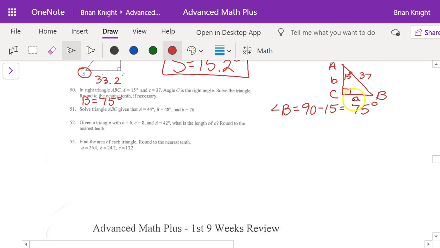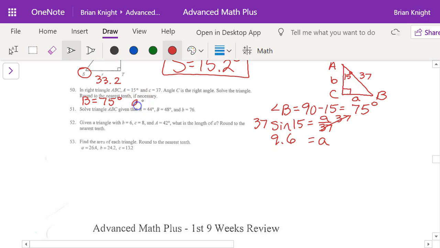To get side A, side A is what to 15? Opposite, adjacent, or hypotenuse? Opposite. 37 is the hypotenuse, so sine of 15 equals A over 37. We multiply both sides by 37. A should equal 9.6.